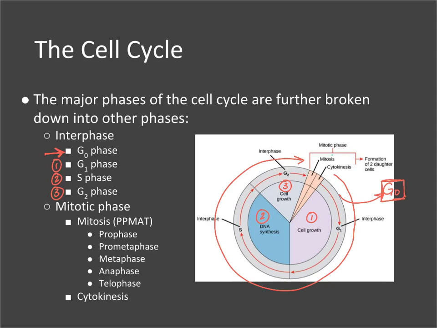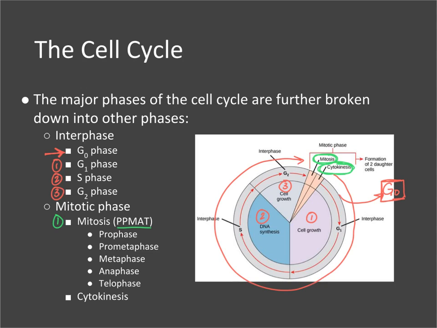Now, the mitotic phase, which includes mitosis and cytokinesis, also includes the subphases of mitosis. Mitosis we can abbreviate as PPMAT, and this mnemonic helps you remember the order of the events that happen during mitosis.